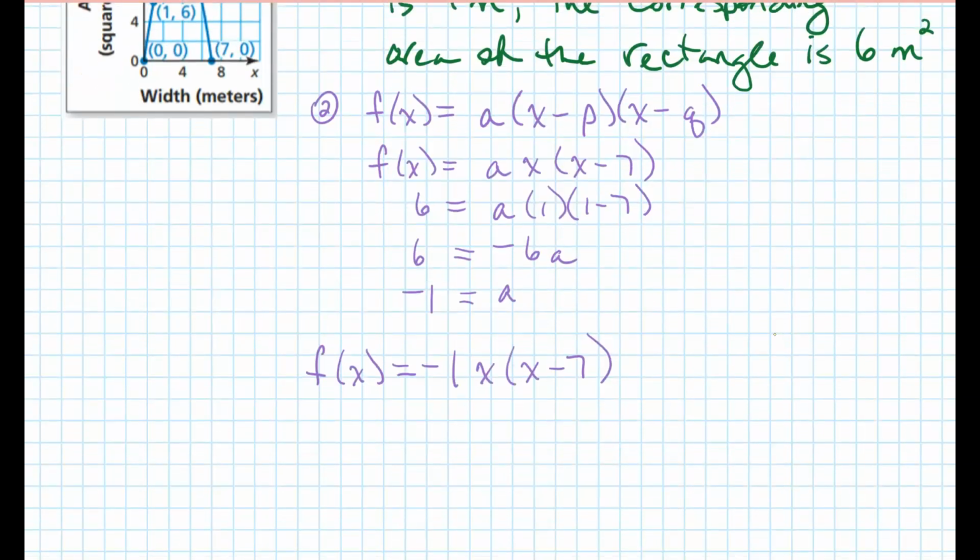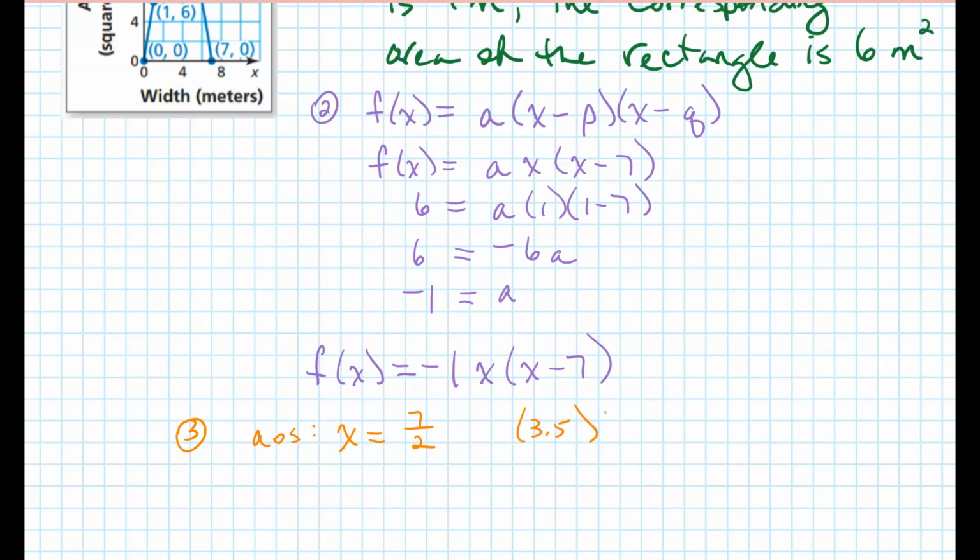So if I have an intercept at 0 and an intercept at 7, what is my axis of symmetry? 3.5. So axis of symmetry, x is equal to, and I'm going to plug it in as a fraction, 7 over 2. Again, that was 3.5. Okay.